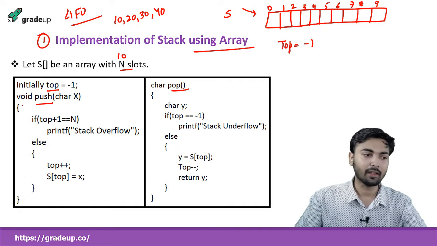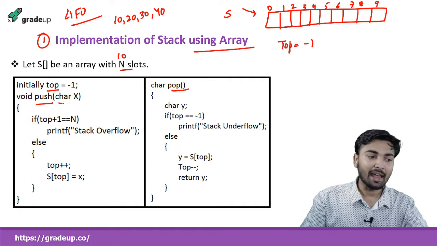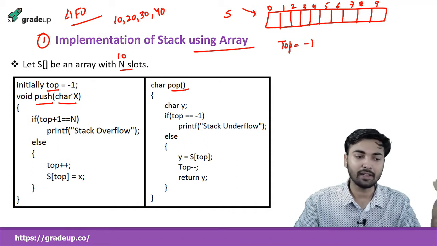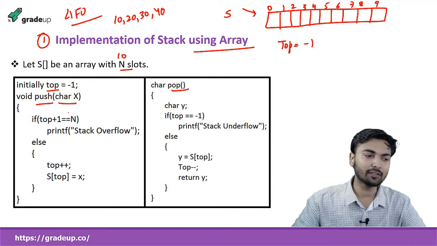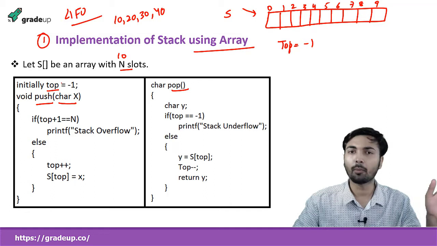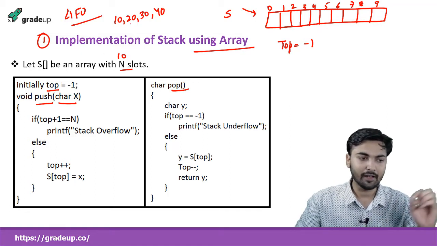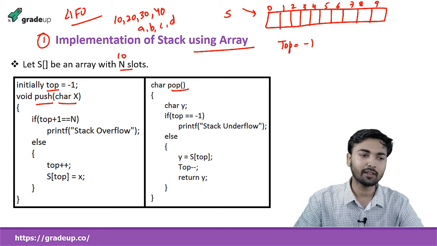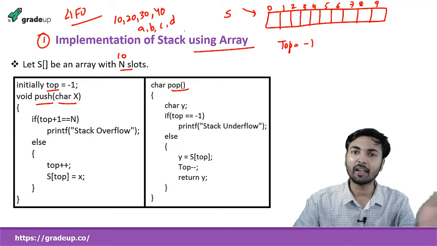Now come to your main thing. Void push, char x. You want to push the character x. I have taken integers in this code, but characters are taken here. No problem at all. If you still have doubt, you can take A, B, C, D.